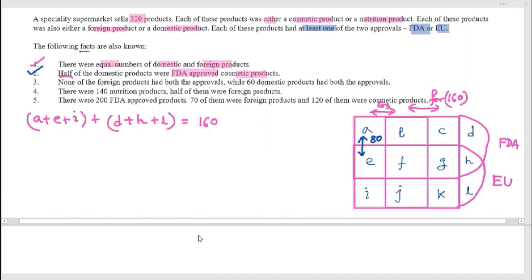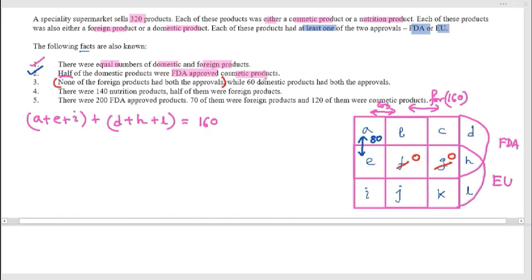Now let us go to the next point. None of the foreign products had both the approval. Foreign product, both the approval is F and G. So it is none. Once it is none, these would be 0. So this none part has been considered.